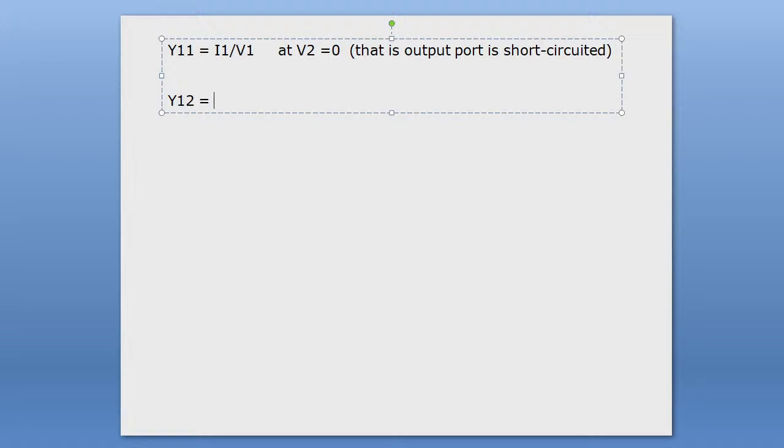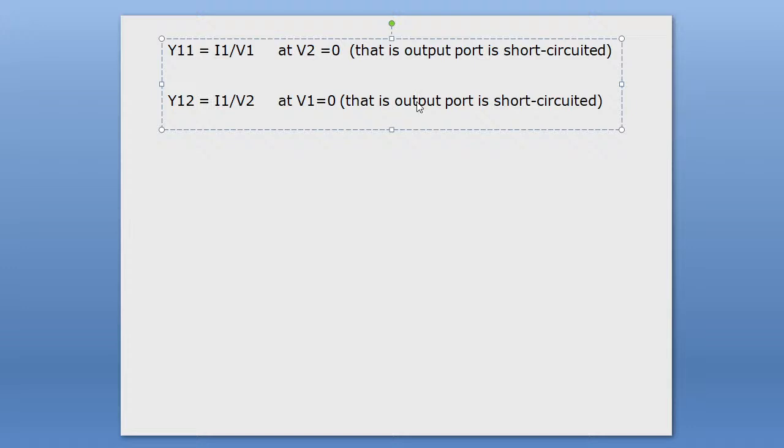You can write from equations 1 and 2, y12 equal to I1 divided by V2 at V1 equal to 0. V1 equal to 0 means the input is short circuited. You just mention here, instead of output you write input. The input port is short circuited for this case.